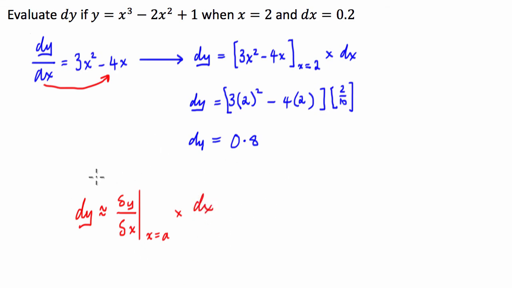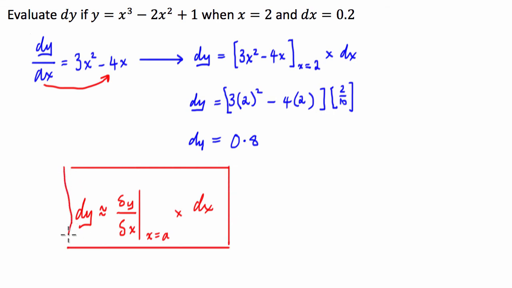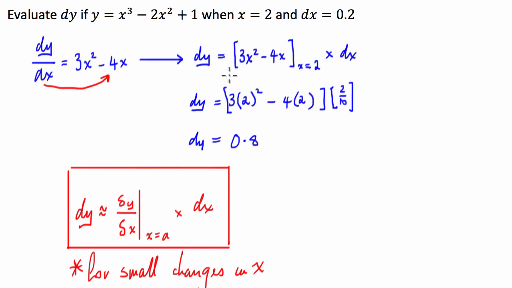So this is like the method of incremental change, or linear approximations. This can be done for small changes in x. So you can see that the method is basically the same.